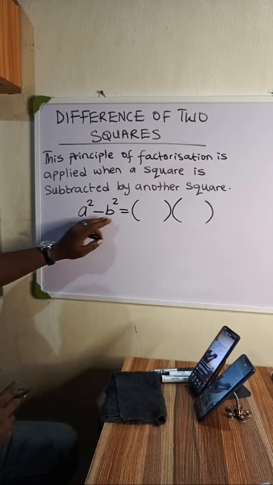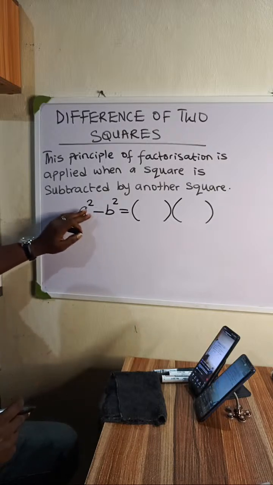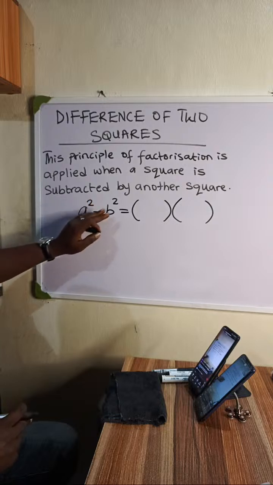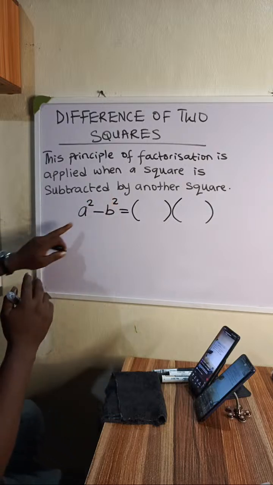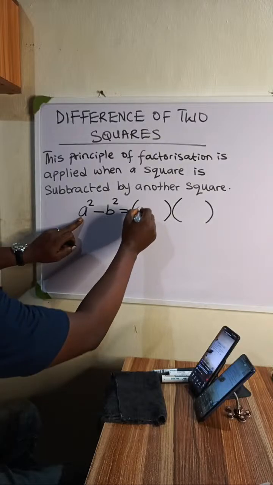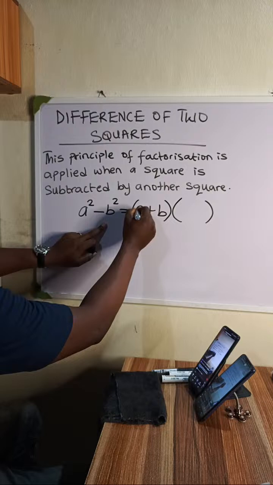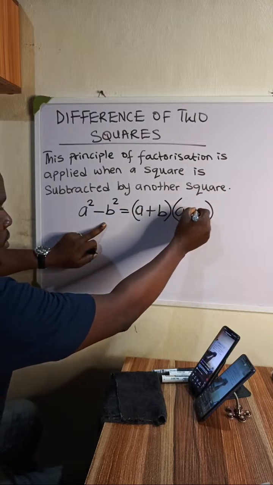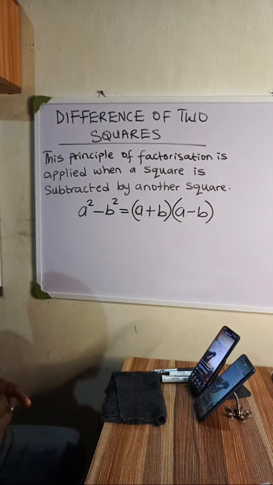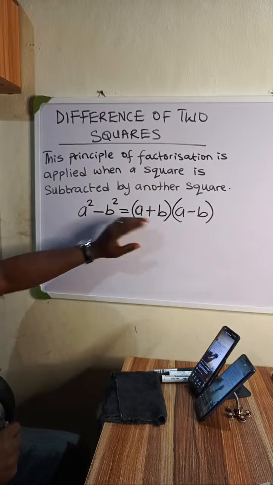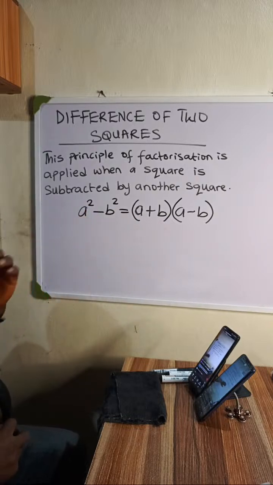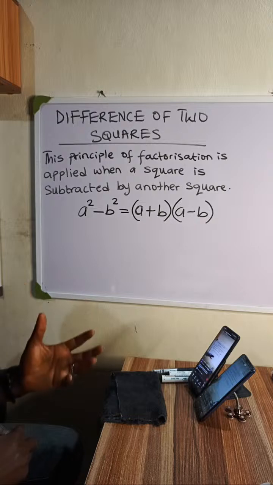Once you see an algebra in this form, a squared minus b squared, all you need to do is bring a and add it to b in one bracket, and then subtract in the other bracket. And once you do this, you have factorized using difference of two squares.